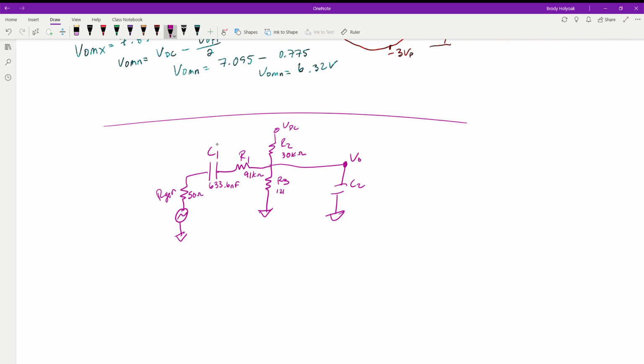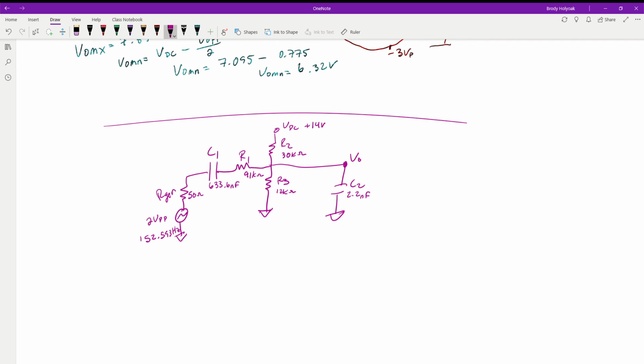R3 is 12 kiloohms. And capacitor 2 is 2.2 nanofarads. We have 2 volts peak to peak coming in on our AC portion at 152.593 hertz. And our VDC is a positive 14 volts.